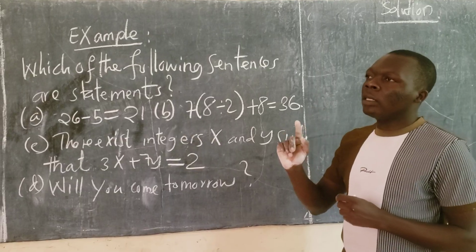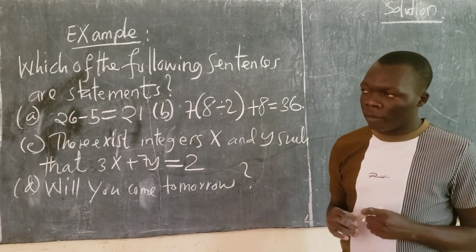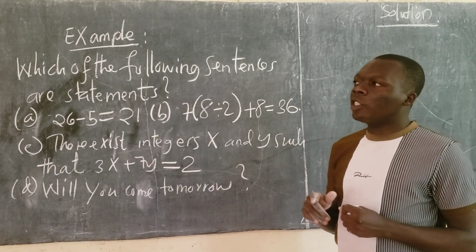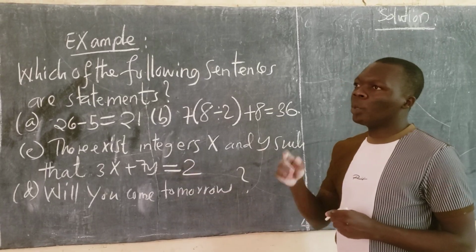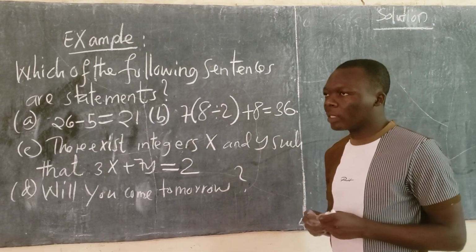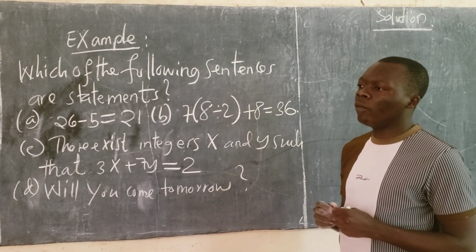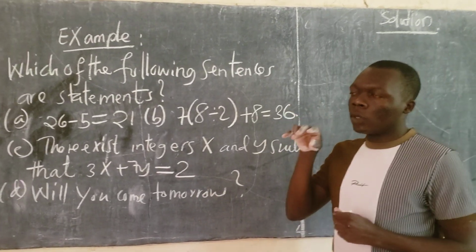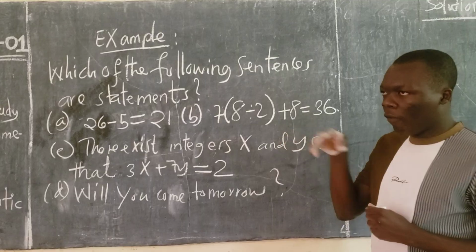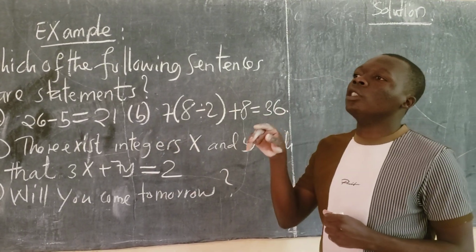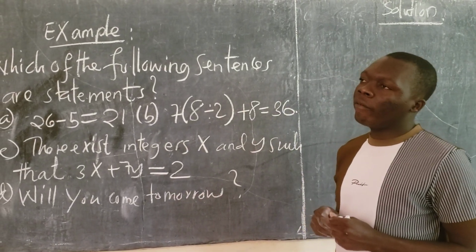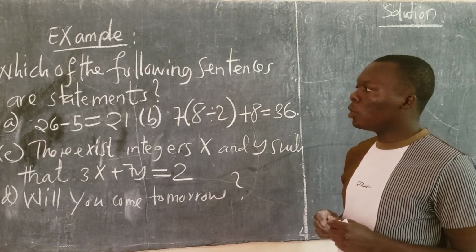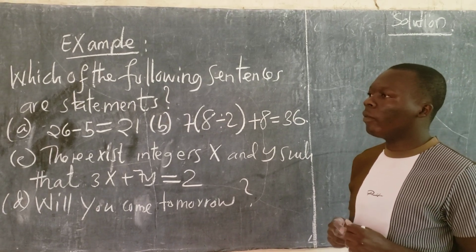A sentence can be expressed in the form of a question, a command, a prediction, or an exclamation. But a statement is a group of words which can be judged to be true or false, but not both. After remembering those definitions, we go directly to the questions.